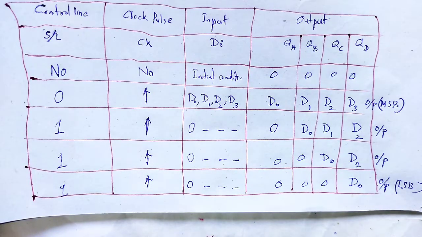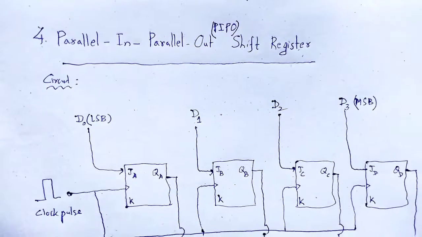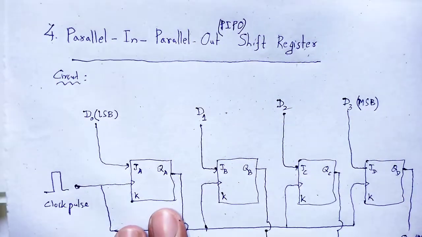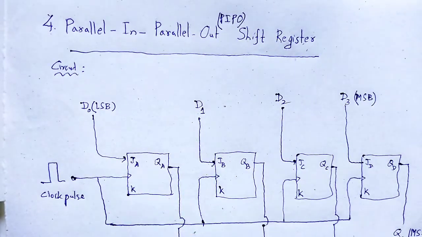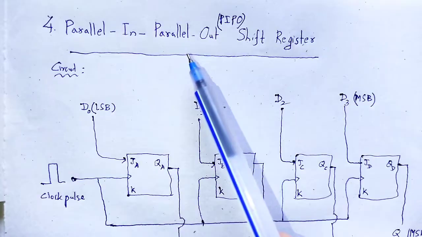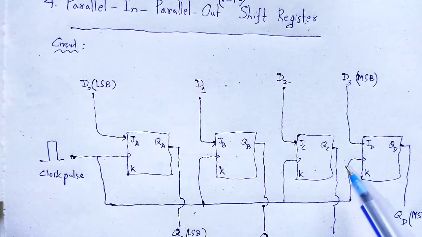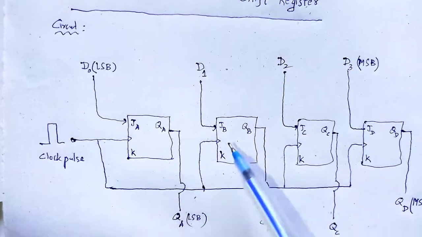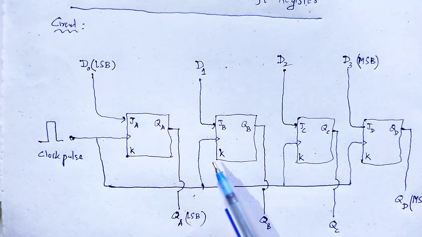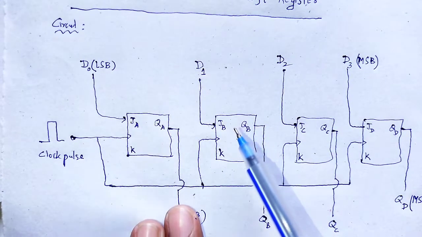Next kind of shift register: parallel in, parallel out shift register. The 4-bit parallel in, parallel out shift register consists of 4 JK flip-flops, and these are not interconnected to each other.